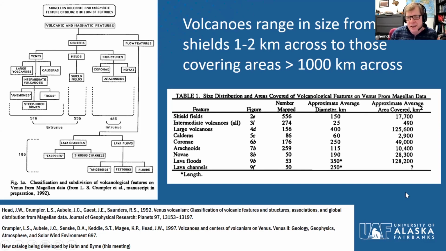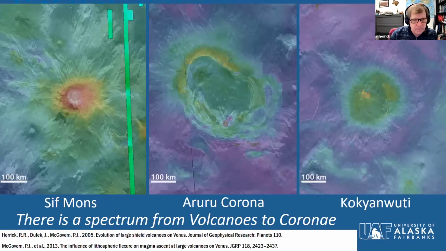And then of course, this was done way back in the early to mid 1990s, and my understanding is that there's a new catalog being developed by Hahn and Byrne that we're going to hear a little bit more about today. So keep that in mind. All right. Next slide, please.